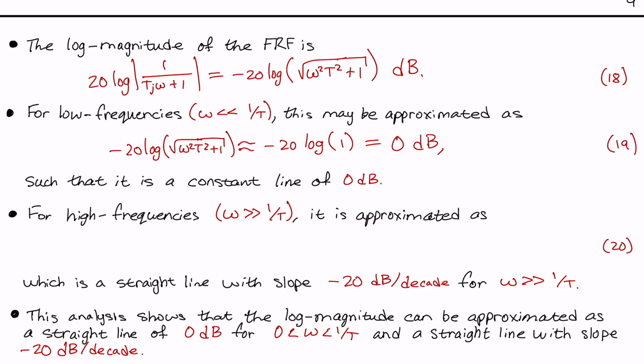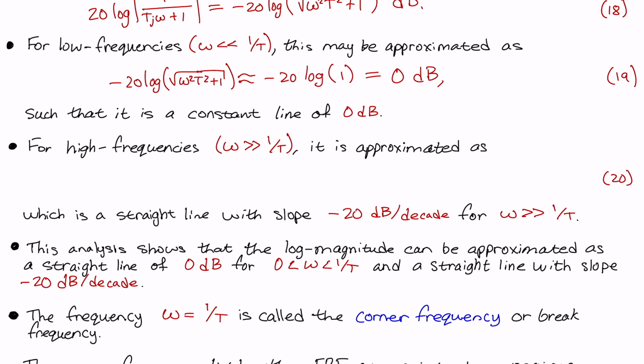All right, we're going to now ask what happens at high frequencies, when omega is much, much greater than 1 over T. In this case, this expression is going to be approximated as minus 20 times log of the square root of omega squared T squared plus 1. With omega being very large, the first term is going to dominate the expression such that this plus 1 really doesn't add anything, and we can end up neglecting that term.